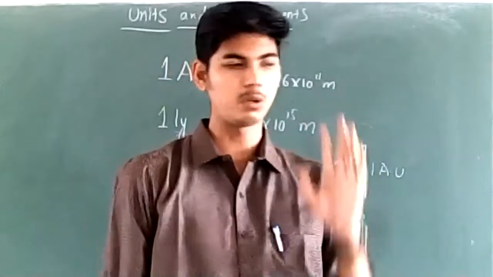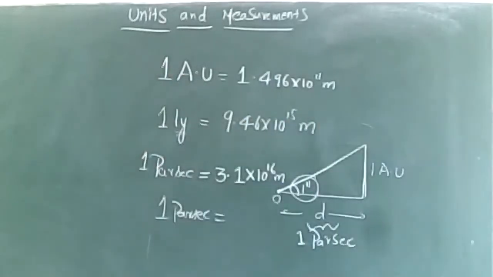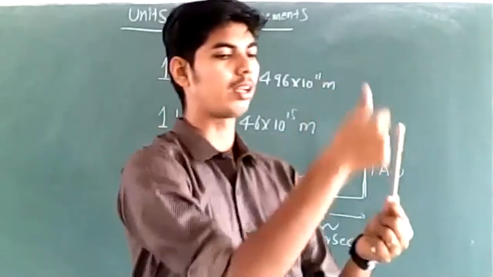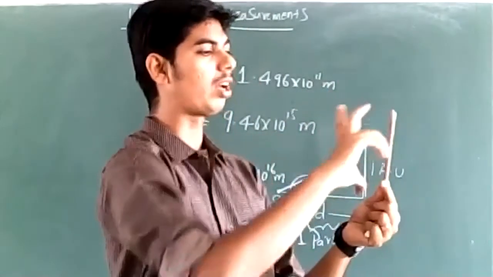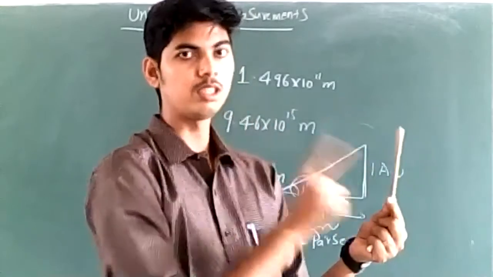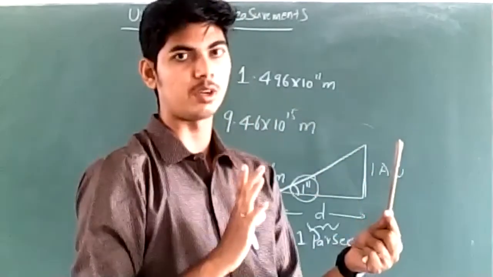We have an arc. Suppose this is an arc of length 1 astronomical unit. Its length is 1 astronomical unit.